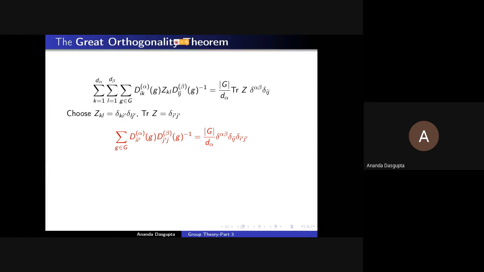It can tell you, if it is reducible, how many times different adepts occur in it, and lots of other things besides. It can also tell you how to pick out your basis in such a way that the invariant subspaces are displayed automatically. So everything that we are going to do tomorrow falls from this.